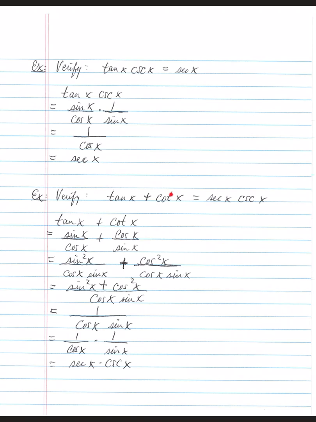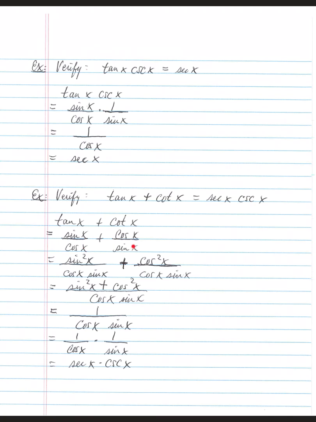Tangent x plus cotangent x is equal to secant x times cosecant x. Let's show that. Tangent x is sine over cosine. Cotangent x is cosine over sine.